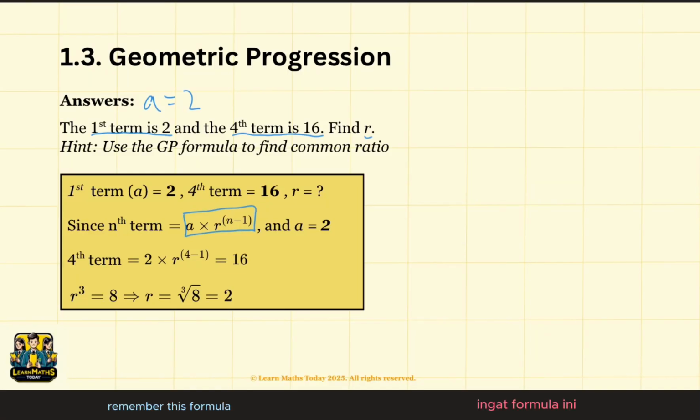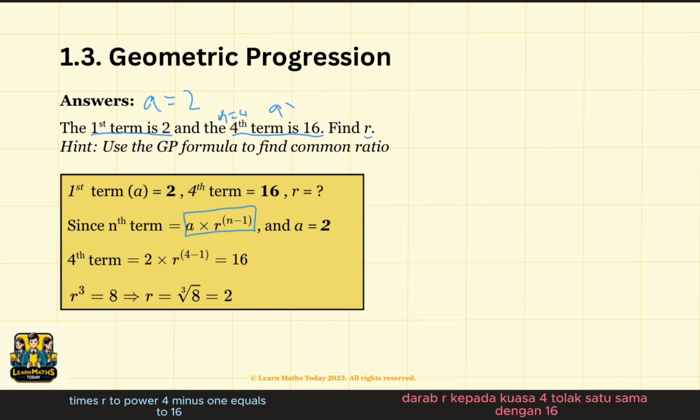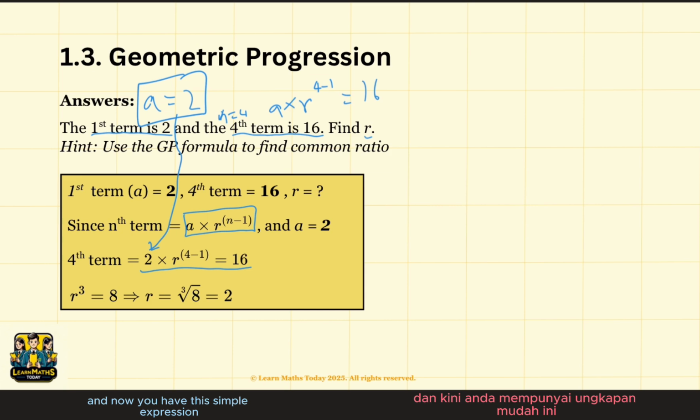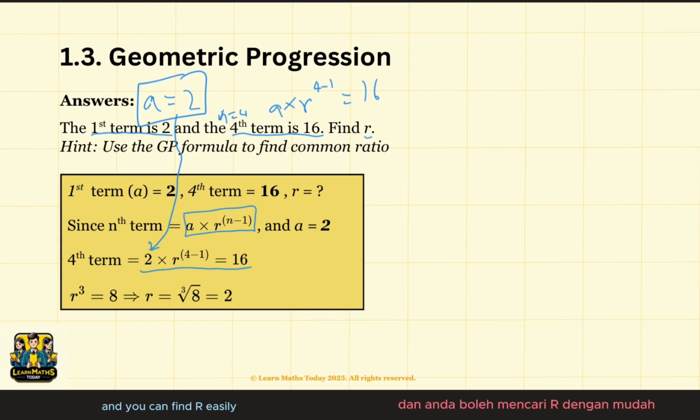Remember this formula. Since n is equivalent to 4 in this scenario, that means that a times r to the power of 4 minus 1 equals 16, which is here. And since your a is 2, you simply put your a here. And now you have this simple expression, and you can find r easily.